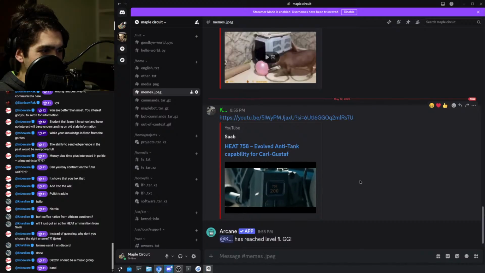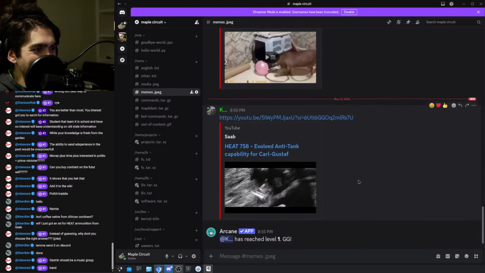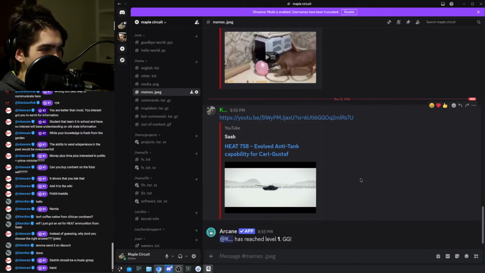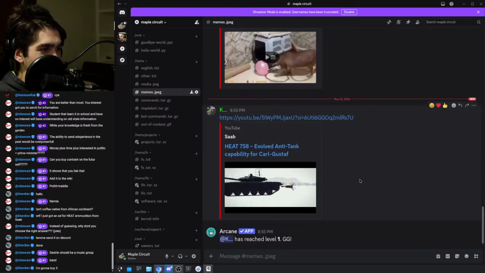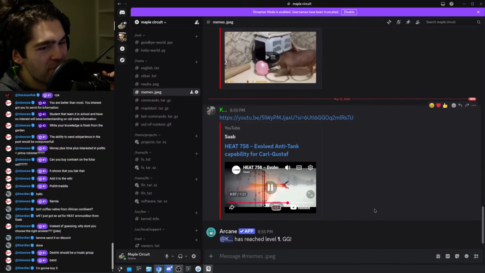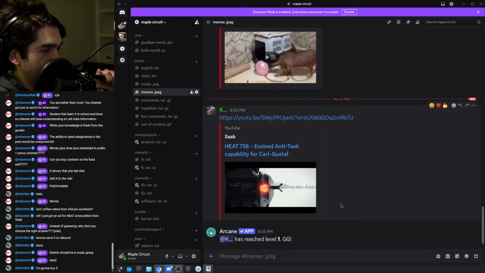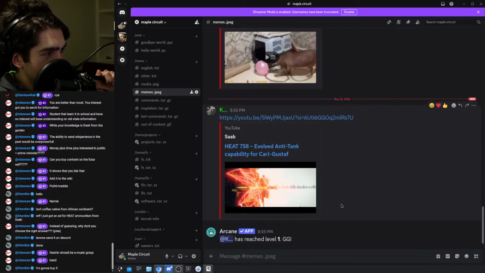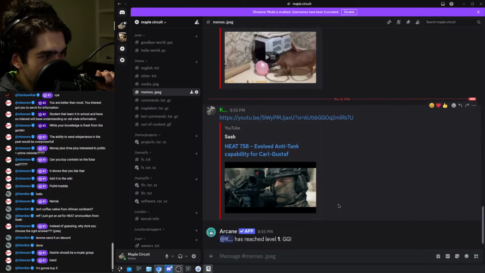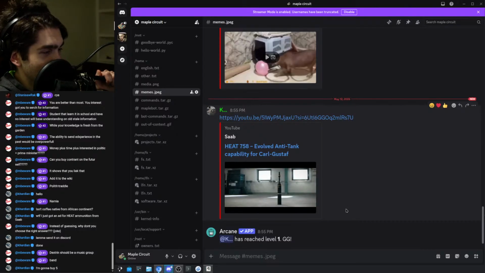No second guessing. Ballistics, range and temperature calculated in an instant. Precision simplified. Engineered to dominate, its advanced tandem warhead is built to neutralize any explosive reactive armor used on the battlefield today. Once the reactive protection is neutralized, the main charge is powerful enough to defeat any main battle tank. Don't just face the threat, outsmart it. Heat 758.